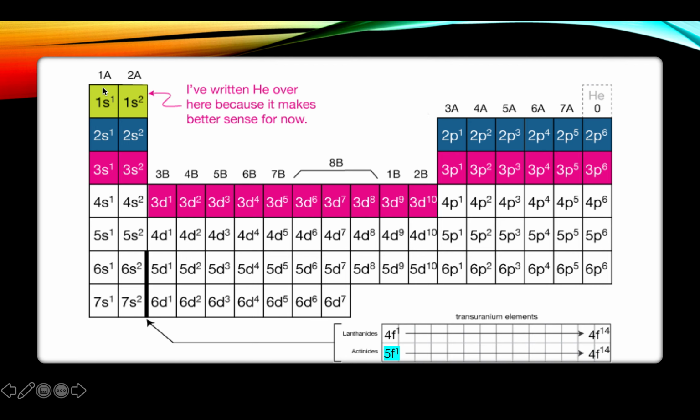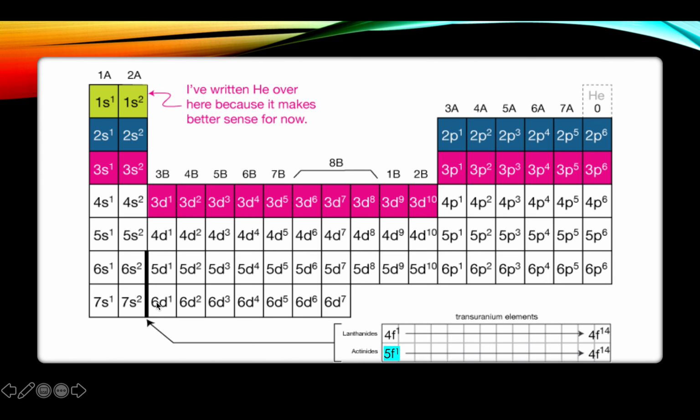The s orbital is located in the first two columns of the periodic table. The p orbital is located in group 13 through group 18, this whole box. But remember that helium is counted as the s orbital because we can't have s1 instead of having two electrons in an orbital. So therefore, helium is placed in the s orbital.